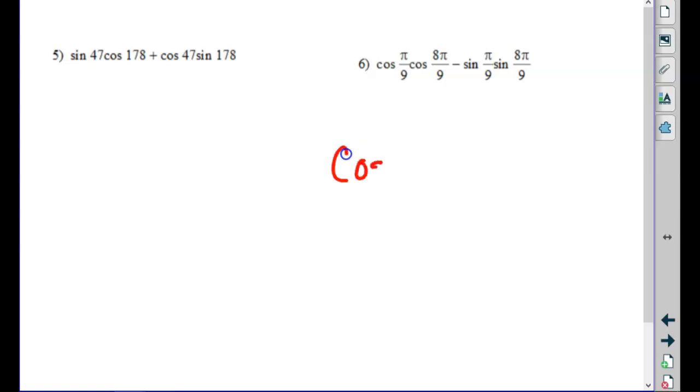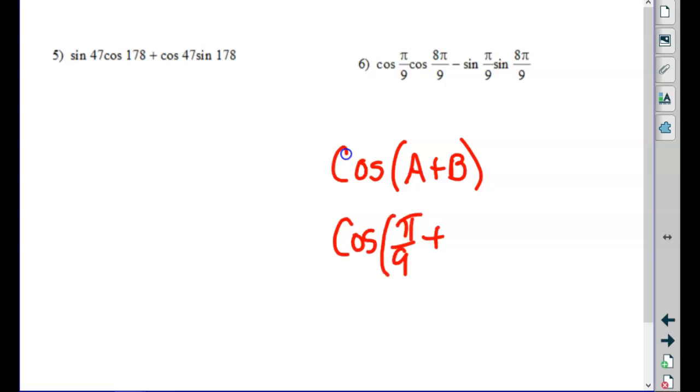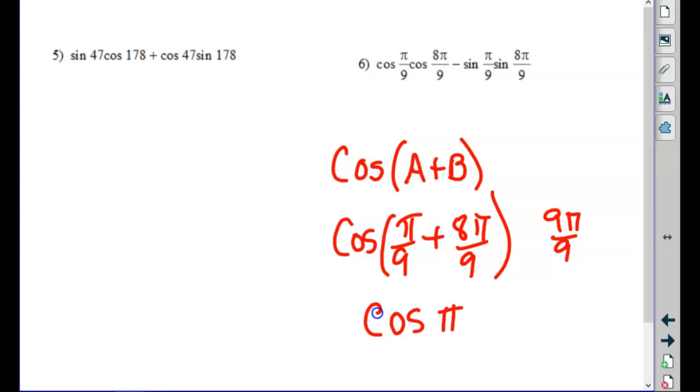Cosine A plus B. Okay, so this one would be cosine of pi over 9 plus 8 pi over 9, which would be 9 pi over 9, which is pi. Okay, and the cosine at pi is what? The cosine at pi is negative 1, right? We good?